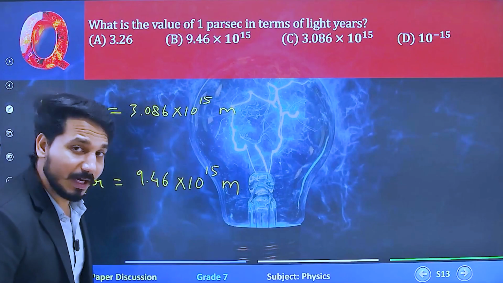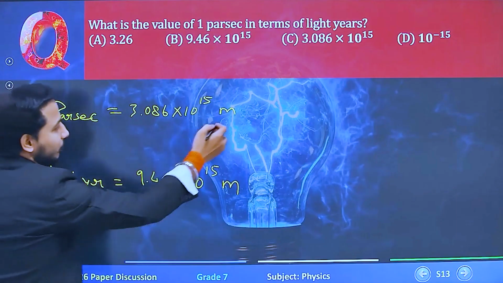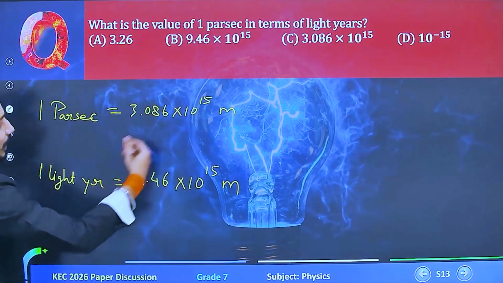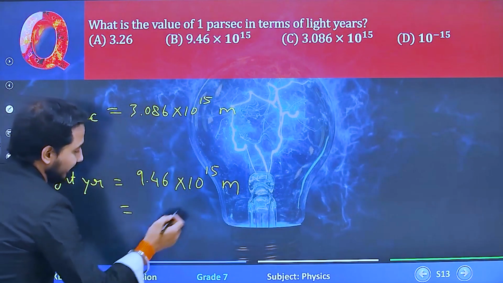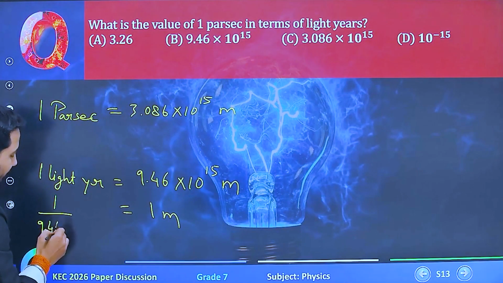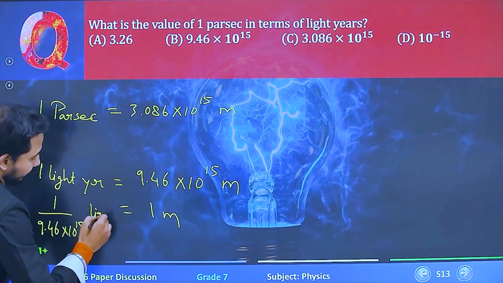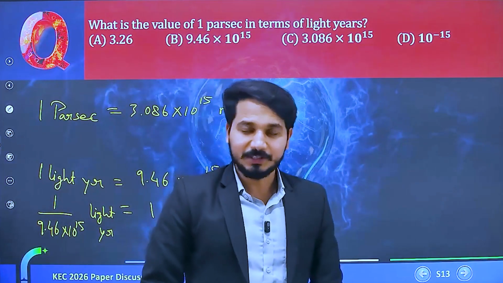But the question is asking parsec to light year, so we have to convert meter. If we get the value of meter in light year, we can easily calculate the value of parsec. So 1 meter will be equal to 1 upon 9.46 into 10 to the power 15 light year.